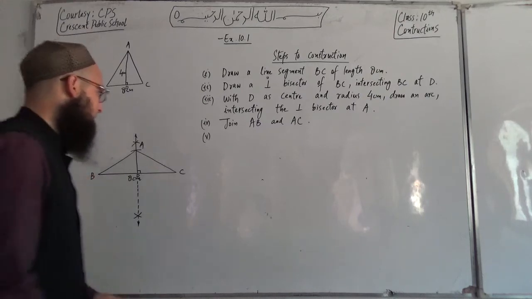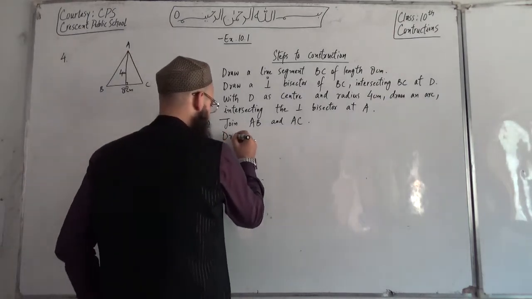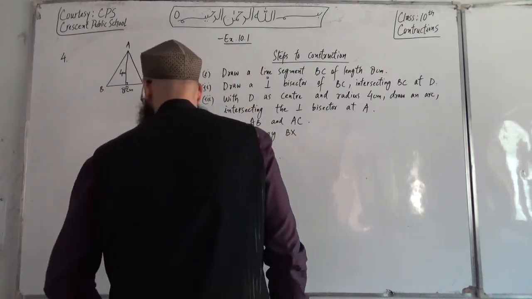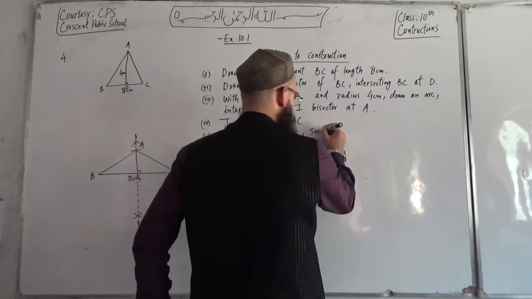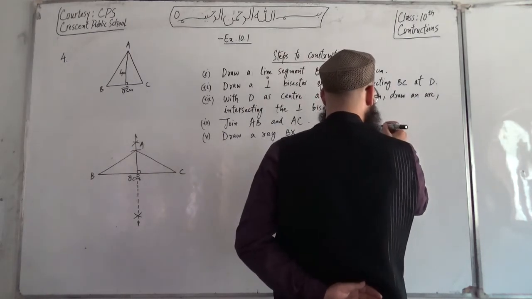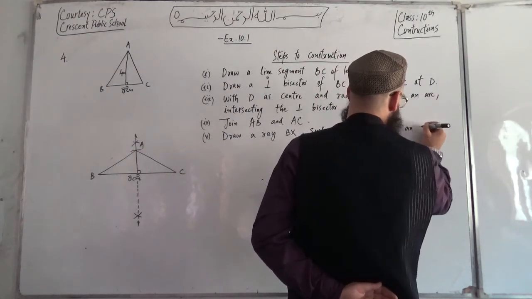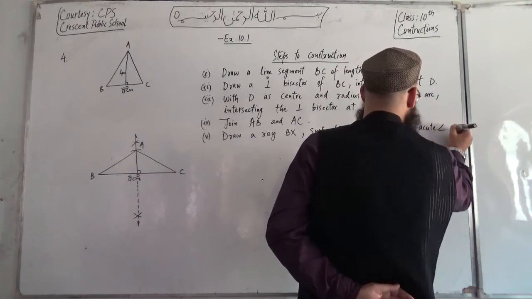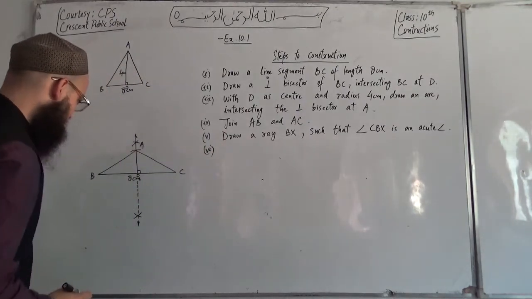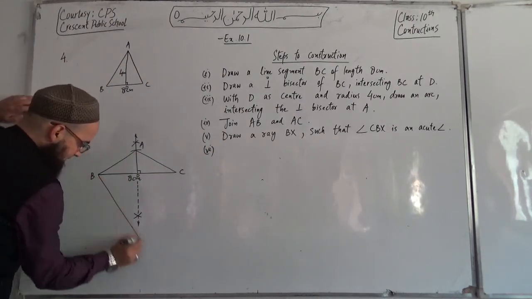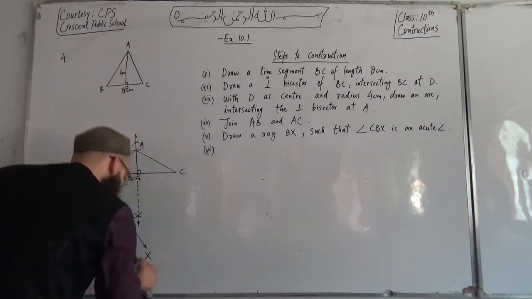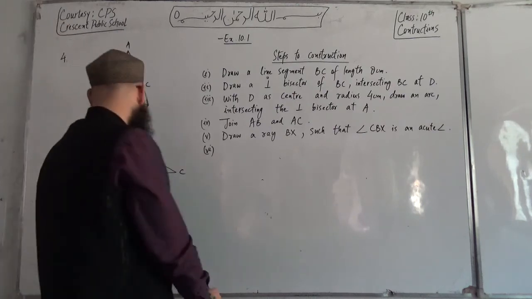Again, draw a ray BX such that angle CBX is an acute angle. So you go like this. Let us say this is X, so BX such that CBX is an acute angle.